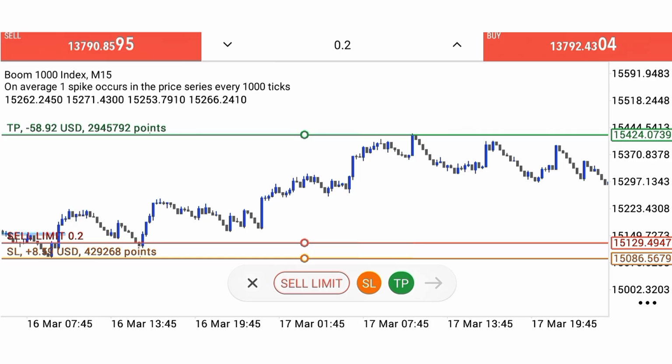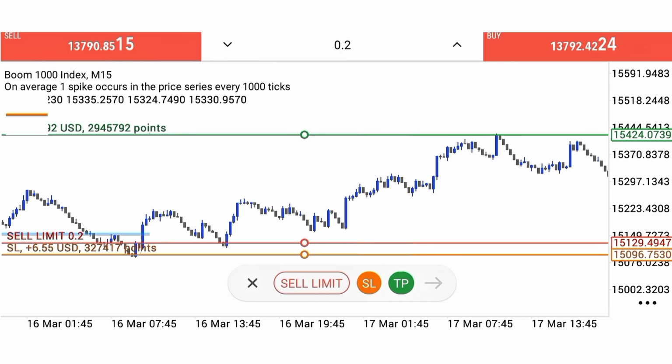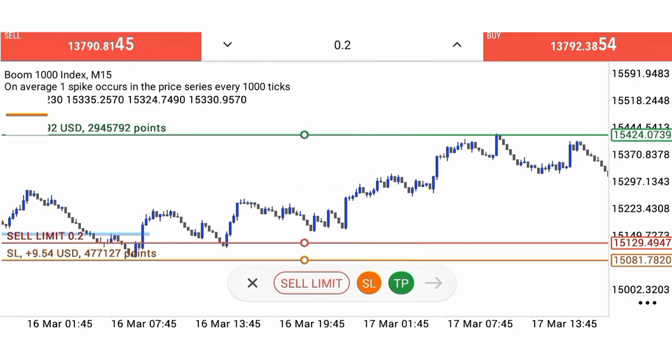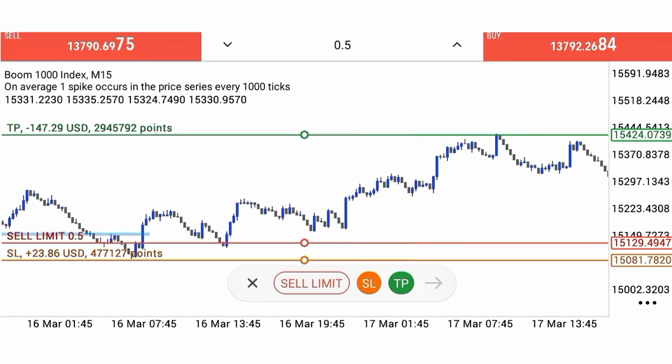So this is a $8 risk on this trade. I mean, okay, let me bring it down a bit. So this is now a $9 risk on the trade. Let's imagine I did 0.5. So it will give me $147.